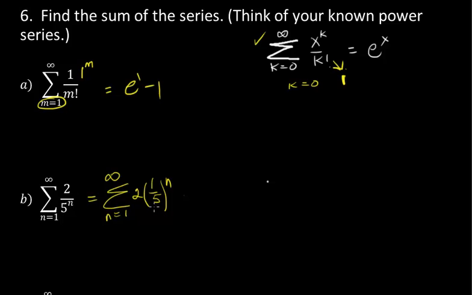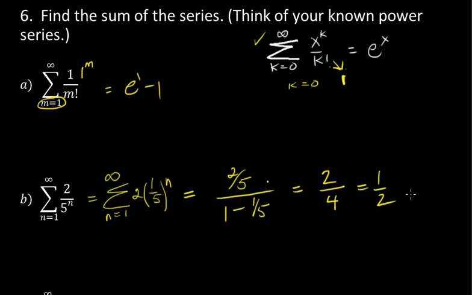And since the absolute value of r is less than 1, we know that this series converges to the first term. So I plug in n equals 1, and I get 2/5 for my first term, over 1 minus r, 1/5. And multiplying by 5 on the top and bottom, I get 2 over 4, or 1/2. Converges to 1/2.